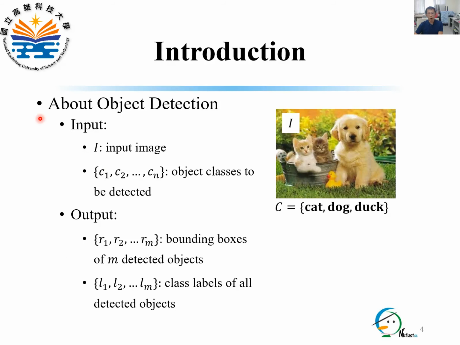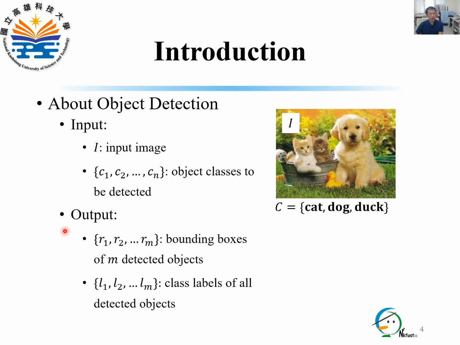The task of object detection is to find out all objects in an input image. Formally, the inputs of object detection are an input image I and the set of object classes to be detected. For example, for this given image, we want to detect cat, dog, and duck.